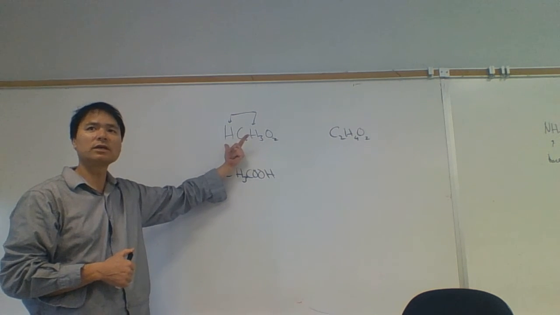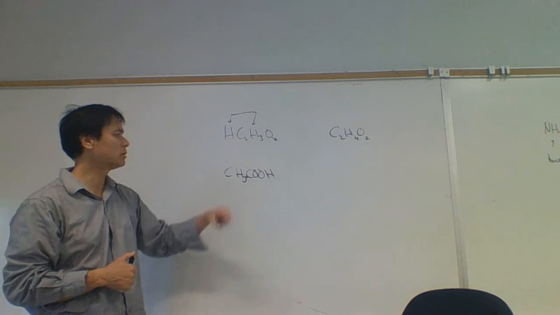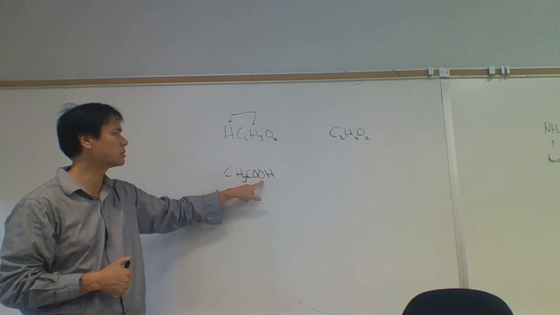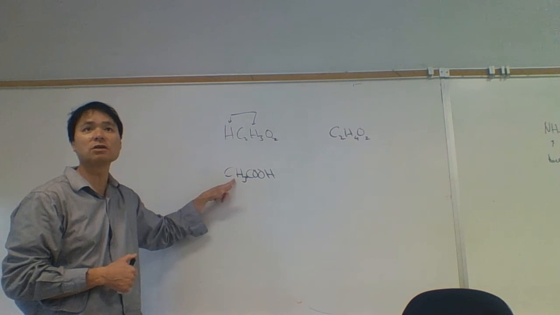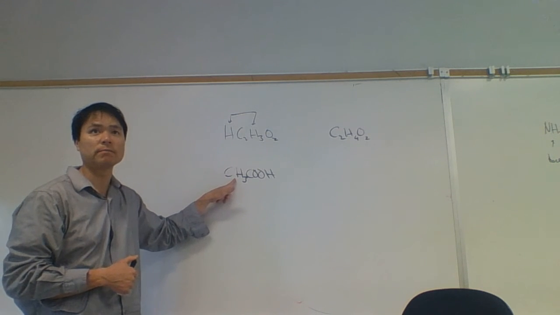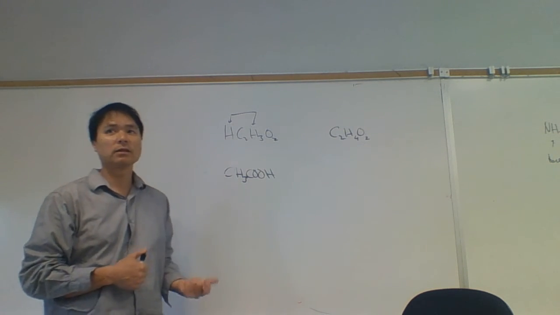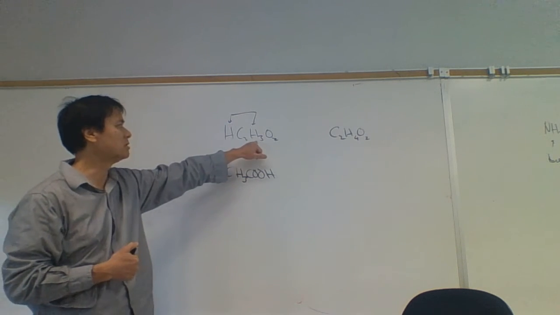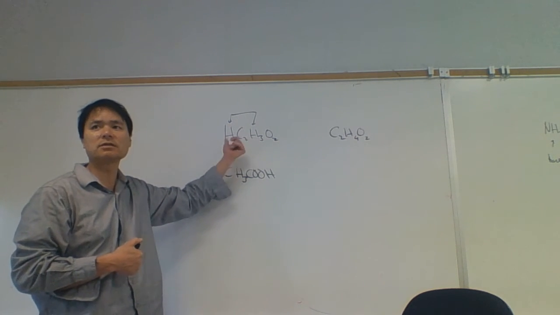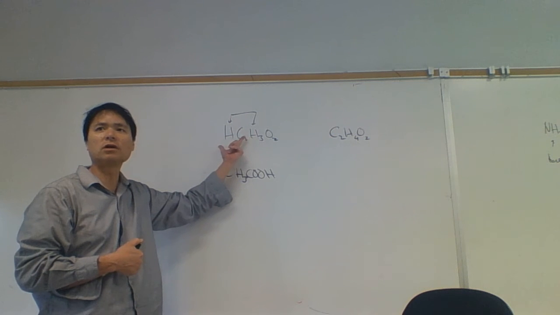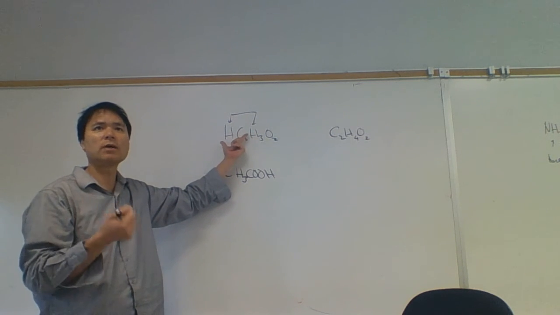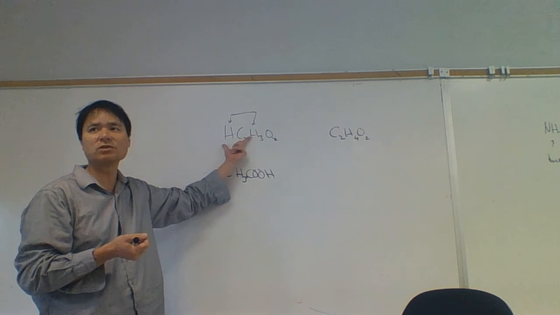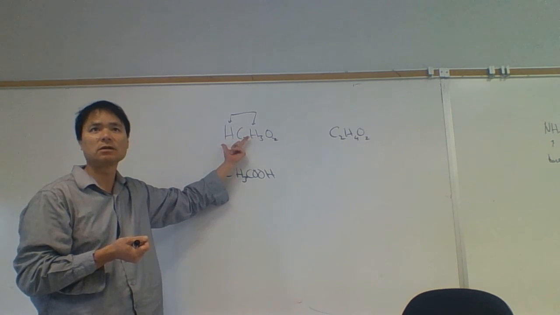And so structurally, this hydrogen is different. What is different? This hydrogen is bonded to an oxygen. The other 3 hydrogens are bonded to a carbon, which changes their properties significantly. In fact, they're so different that we call these non-acidic hydrogens, and this is an acidic hydrogen. So this is called a monoprotic acid. Even though it has 4 hydrogens, it's called a monoprotic acid because only one of the hydrogens, one of the protons, is acidic.